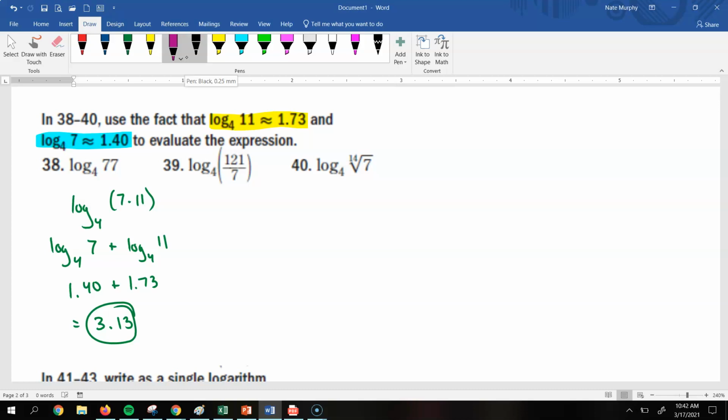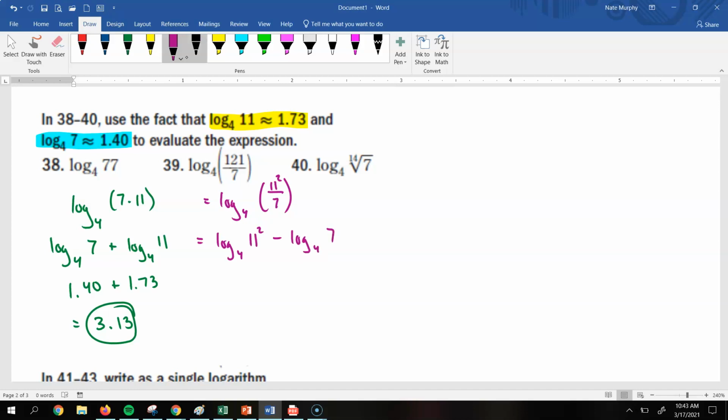All right, let's look at number 39. So for number 39, we have log base 4 of 121 divided by 7. Well, hopefully you recognize that that's the same as log base 4 of 11 squared over 7. And we could rewrite that now as log base 4 of 11 squared minus log base 4 of 7.